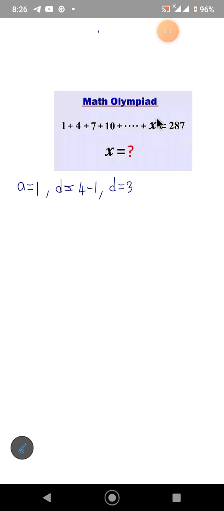And also, the last term here is equal to x. Then they were also given the sum of the terms of the AP, which is 287. That's Sn, the sum of terms, equal to 287.